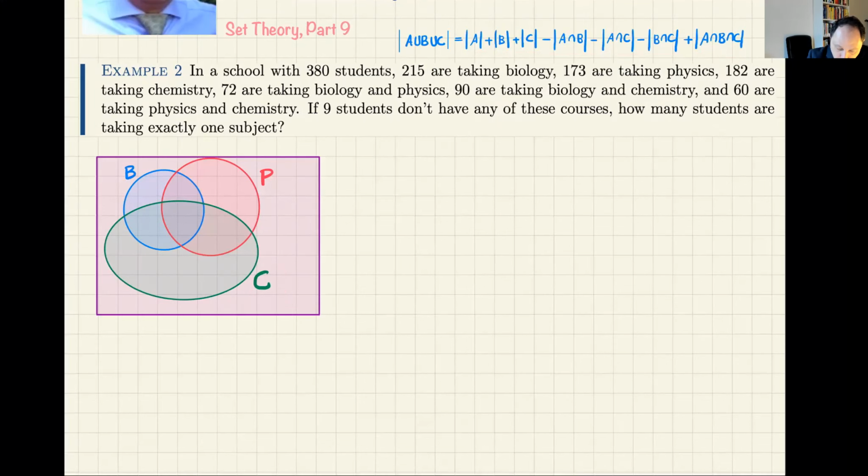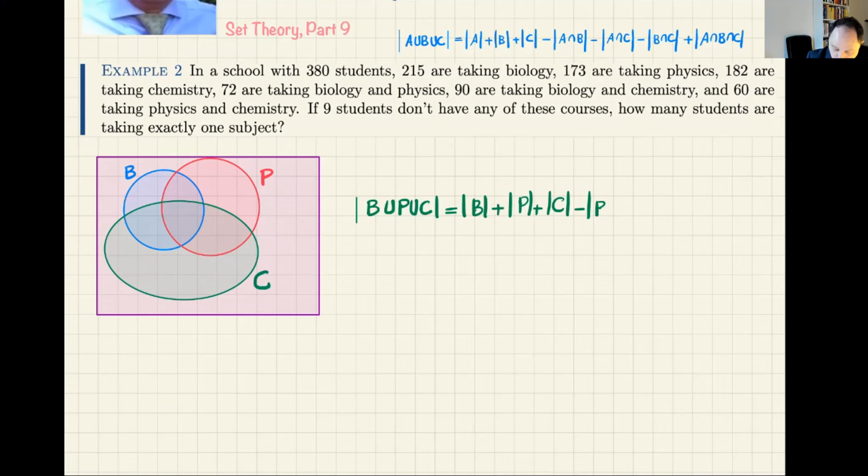So I would write that the cardinality of the union of these three sets, biology, physics, and chemistry, is equal to the cardinality of the first one plus the cardinality of the second one plus the cardinality of the third one minus the cardinality of intersection of pairs of them.